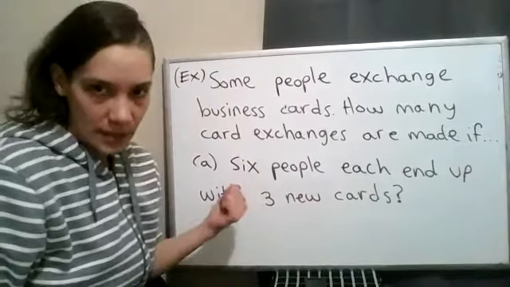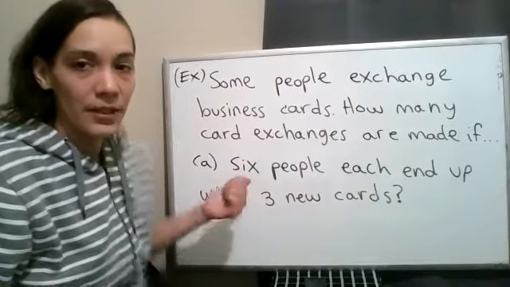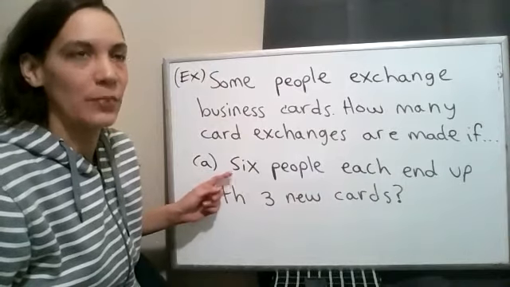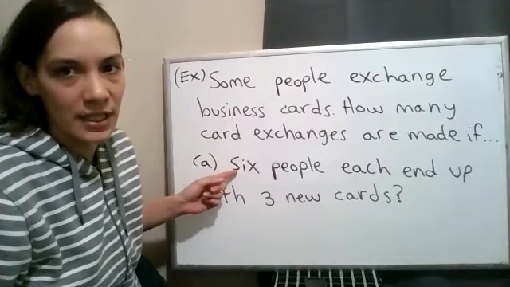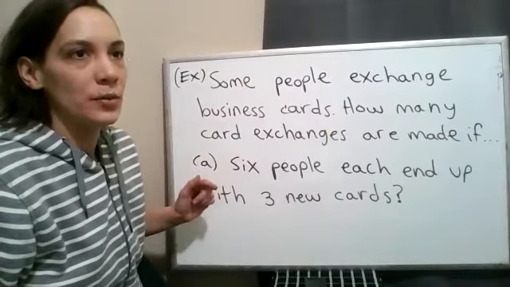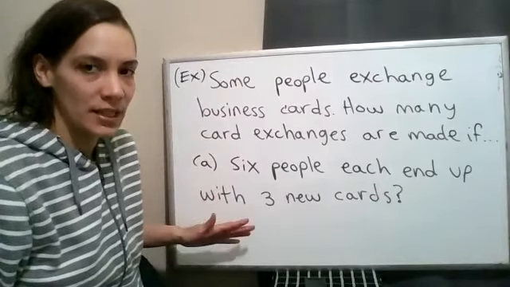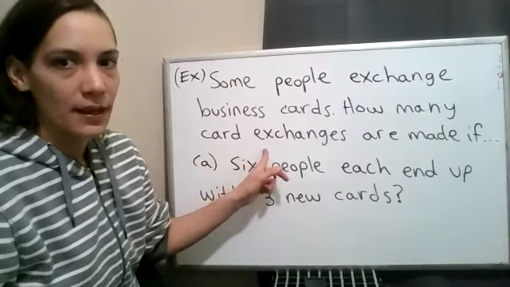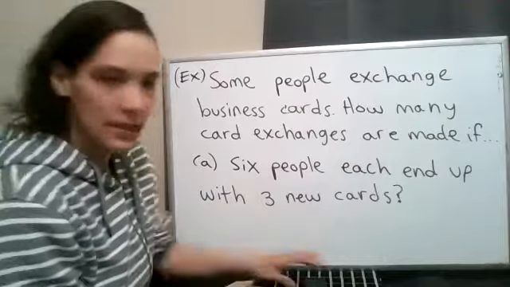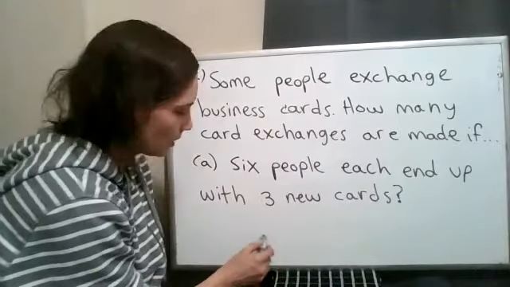So we're going to draw 6 dots. Our vertices, the dots, represent things like people and other things that we're interested in. And the edges represent relationships between those things. And the relationship right now is a card exchange. So 6 dots.